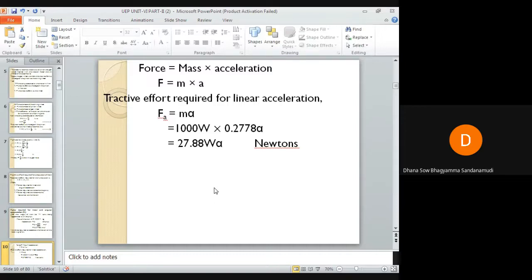You already know m is 1000 W kgs. W is the weight of the train in tons, not watts. So 1000 W into the acceleration, which is 0.2778 alpha.